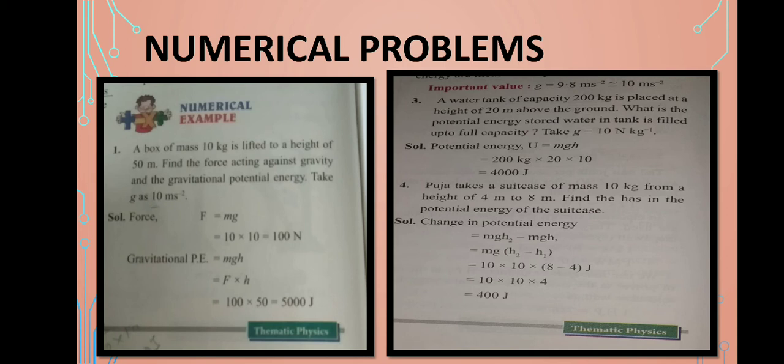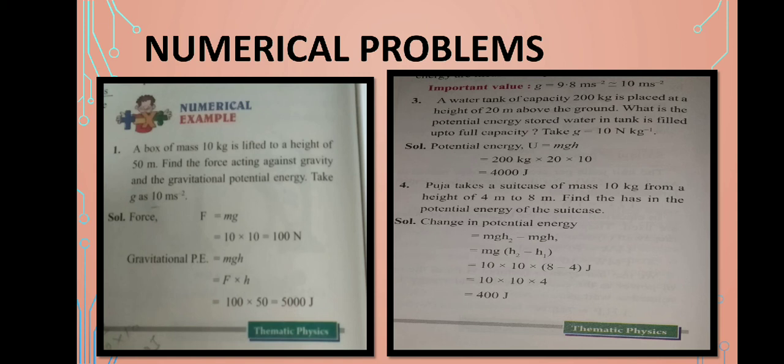Now my dear students, there are two more numericals related to the same topic on page number 64. Numerical number 3. A water tank of capacity 200 kg is placed, this is the mass, at a height 20 meter. Height is given. What is the potential energy? You have to find the potential energy of the water stored in the tank. g is given.